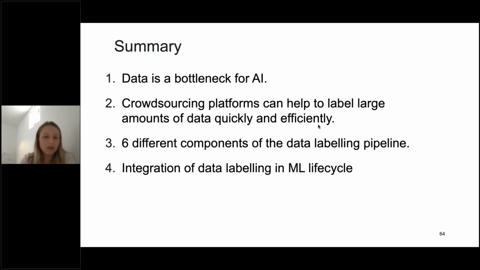We then talked a bit more about crowdsourcing and how crowdsourcing can help with this data labeling problem. Then we talked about 6 different components of building a data labeling pipeline, and I shared with you some examples and some best practices in these areas. And at the end, we also talked a bit about integration of this data labeling process in the machine learning lifecycle.